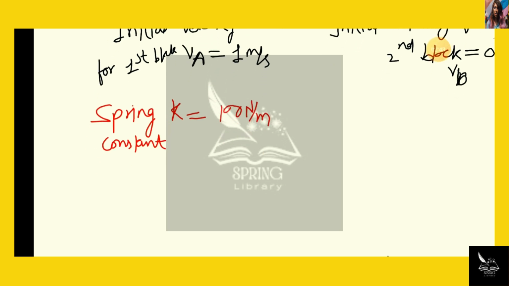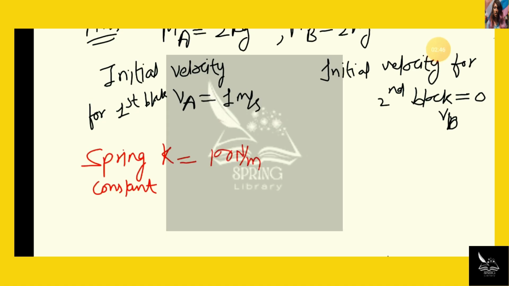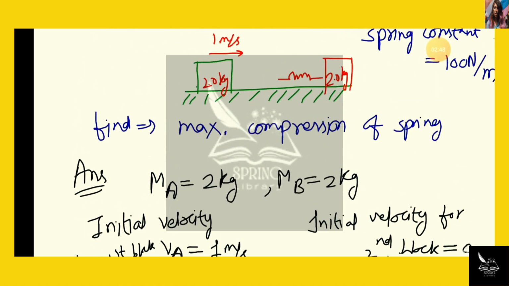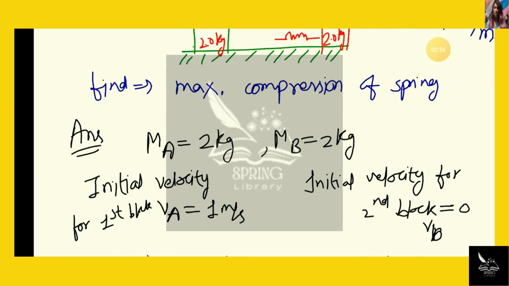Now the next step: as you see in the figure, the first block moves with 1 meter per second in this direction and collides with the second block, which is initially at rest.